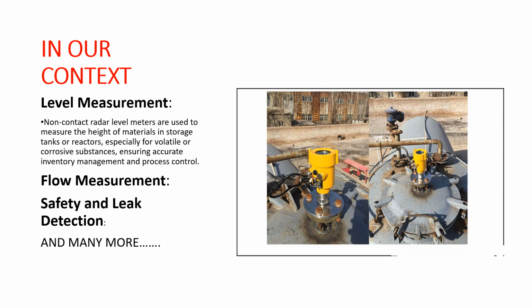This non-contact radar also helps to measure accurate flows, because there is no contact, so no losses will be there. And for safety and leak detection, it will give you a precise result. So there are many more detections there will be.